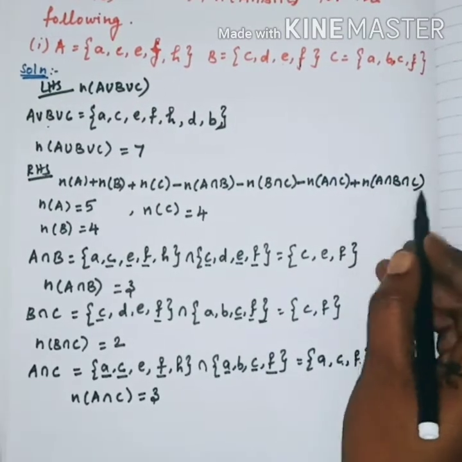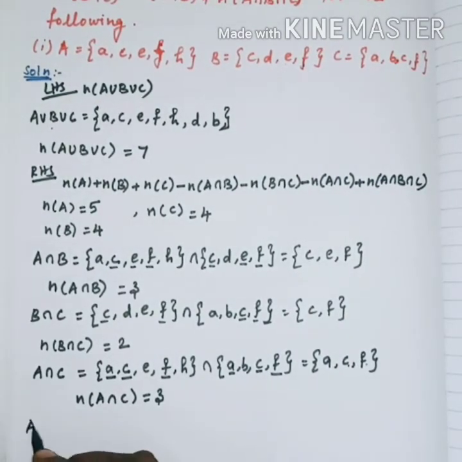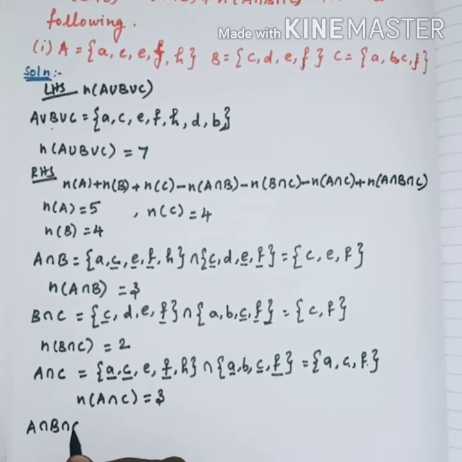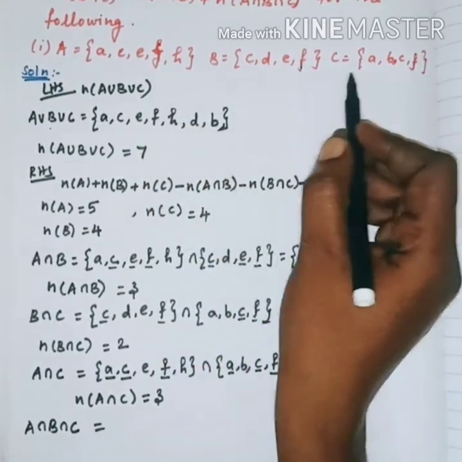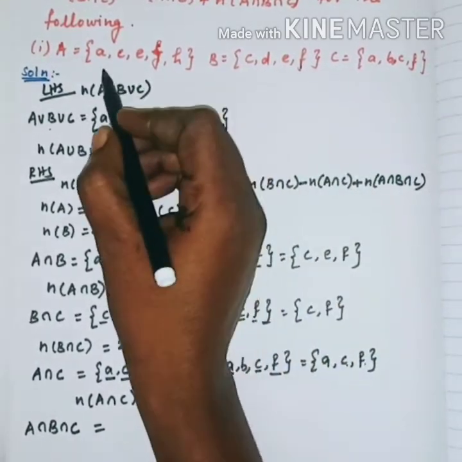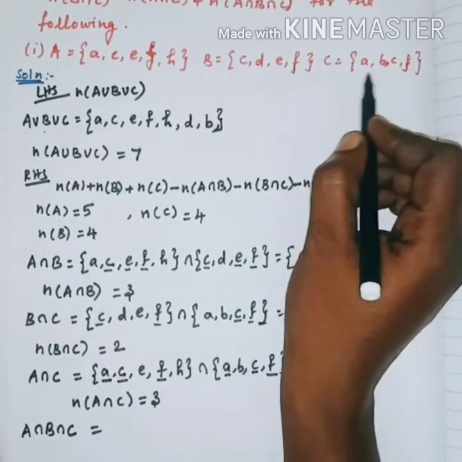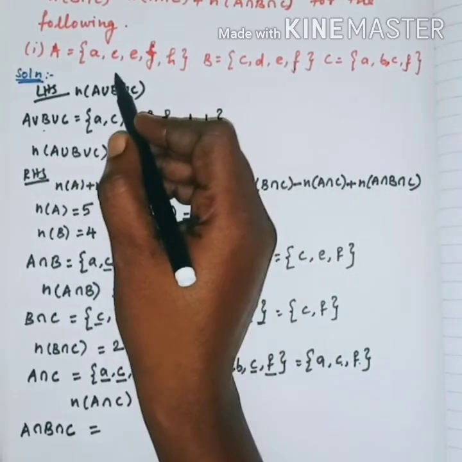Next we have to find n of A intersection B intersection C. So the common elements in these 3 sets. What are the common elements? A is not a common element.